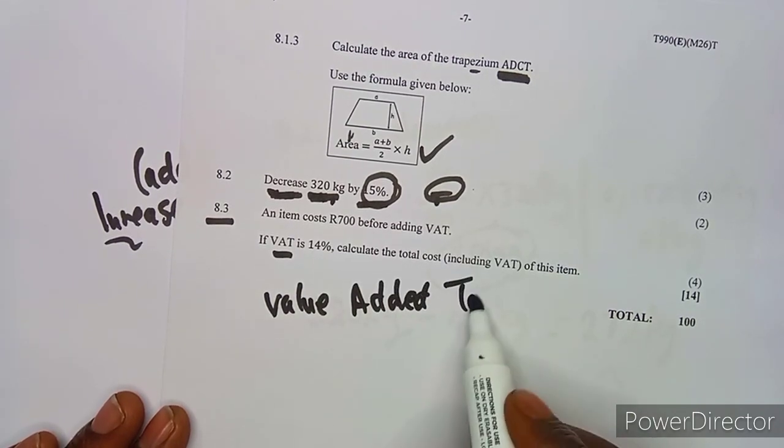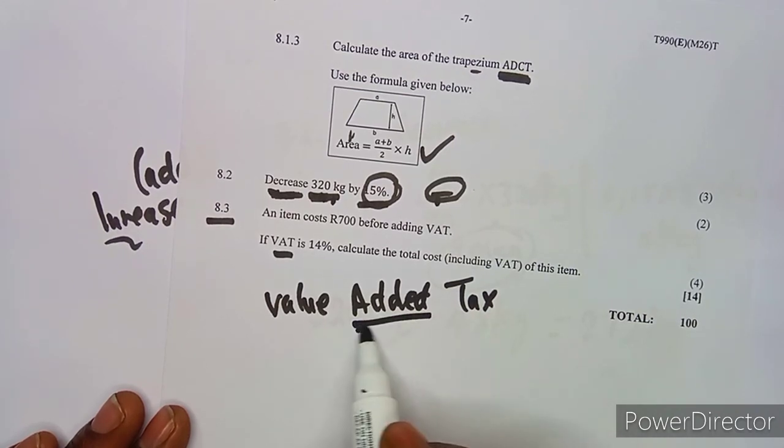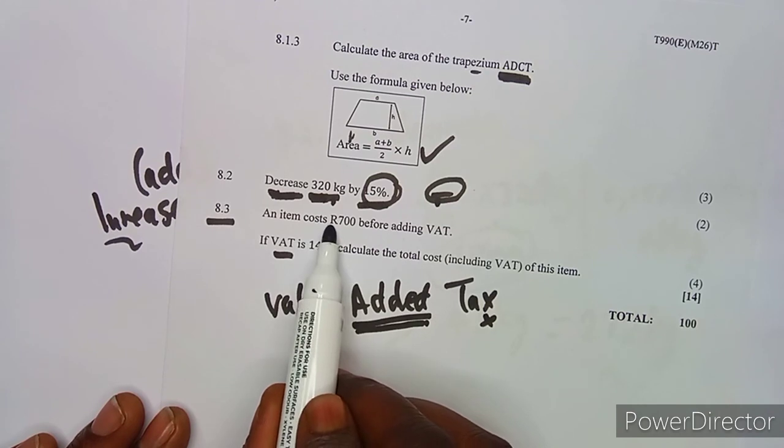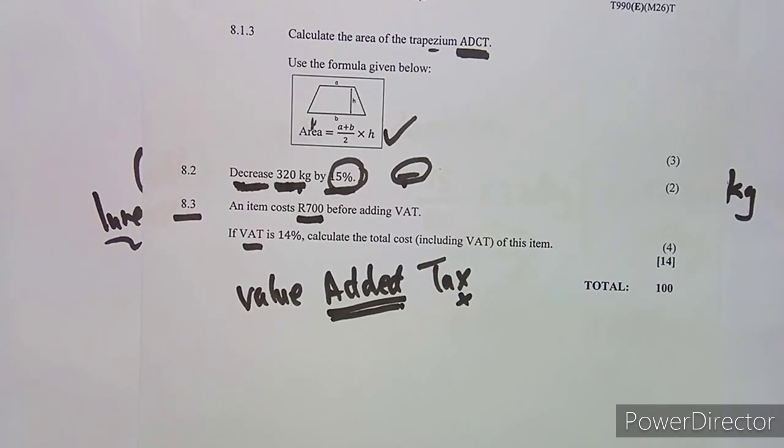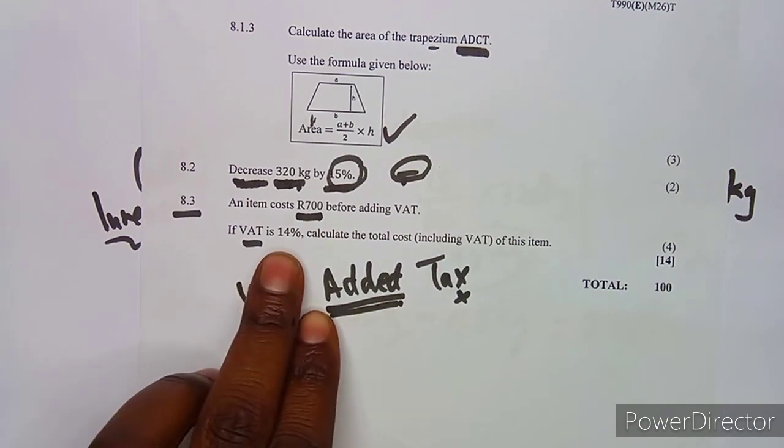Take note from the part that it's added tax. So before, something was costing 700 rand, which means there was no VAT. Most things, that's what they do in shops. You buy something, already there's a value added tax on something that you are buying. So now we are saying that there is a value added tax of 14%.